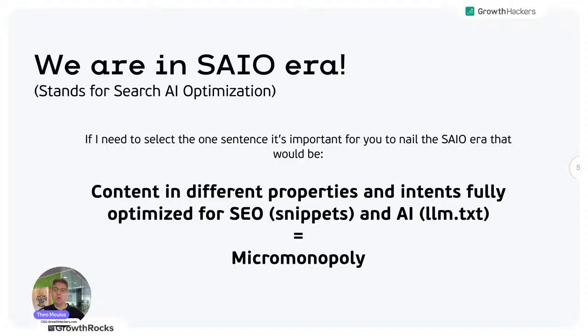Okay, now for the record, besides the prompts and besides the micro monopoly, you need to build something called llms.txt, and these are extensions like sitemap XML, like robots.txt, right?